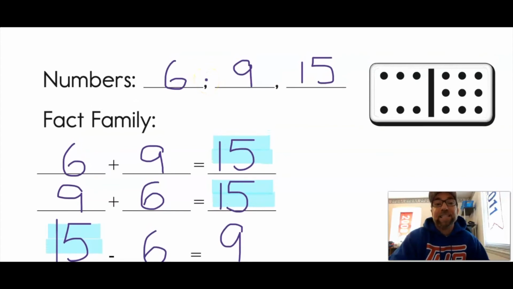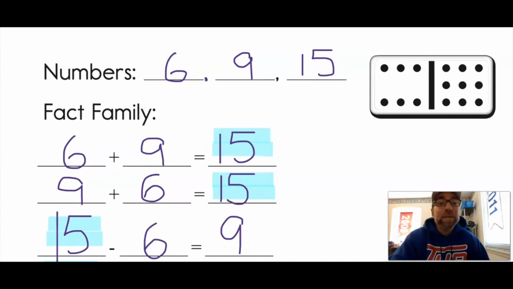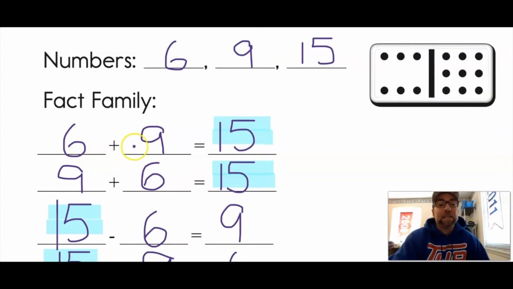Let's check to see how you did. Did you get the numbers 6, 9, and 15? 6 dots, 9 dots, and 15 dots total. My addition facts: 6 plus 9 equals 15. And then I did the turnaround. 9 plus 6 equals 15.